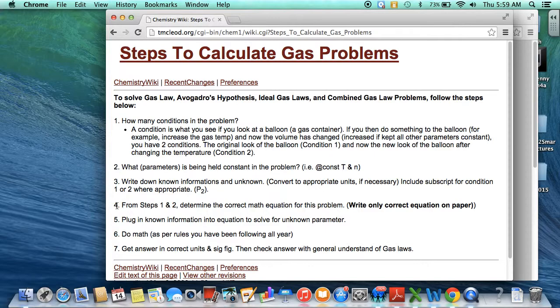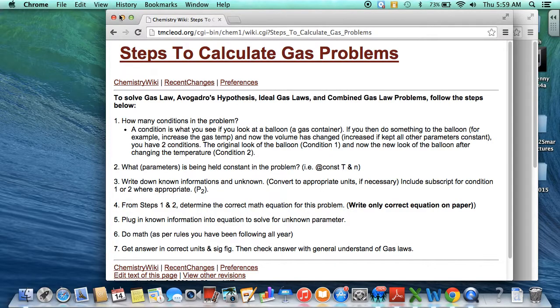Then you plug your declared variables into your equation, and that will be all set up so you can give me one answer with one more significant figure in the correct units, and then change it into the right number of significant figures with the units, and then you're done.